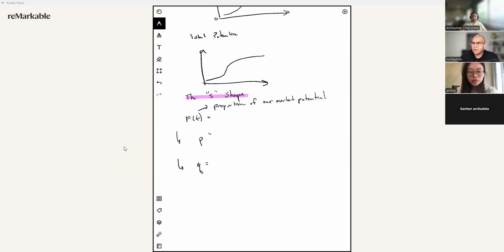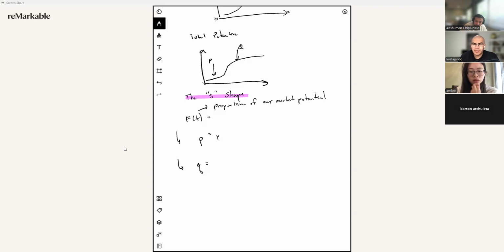But I'll be more specific in terms of what I'm looking for. Is this an innovator or an imitator? If our P is more important here and our Q is more important up here, which one's the innovator and which one's the imitator? P is the innovator and Q is the imitator.